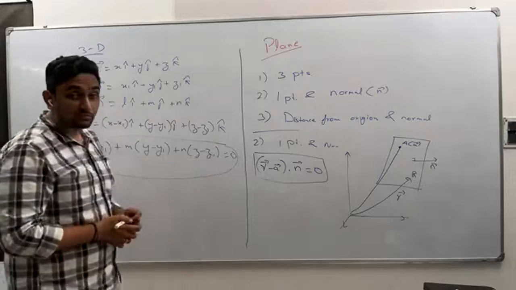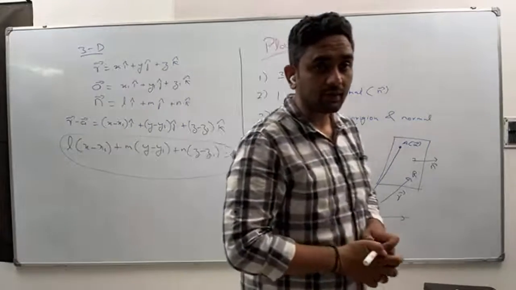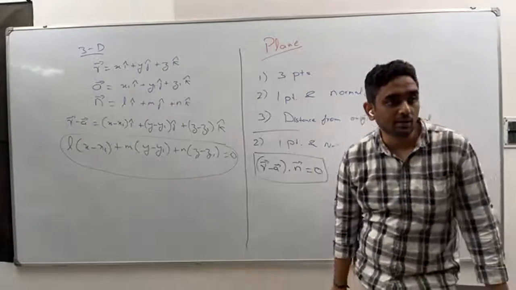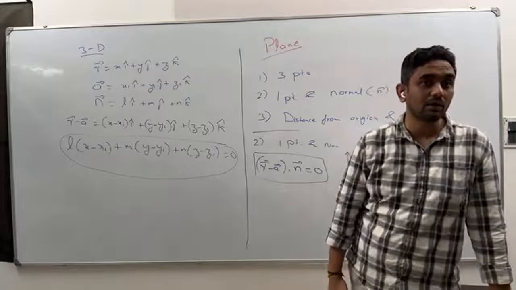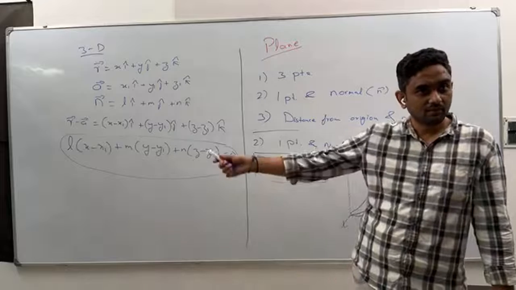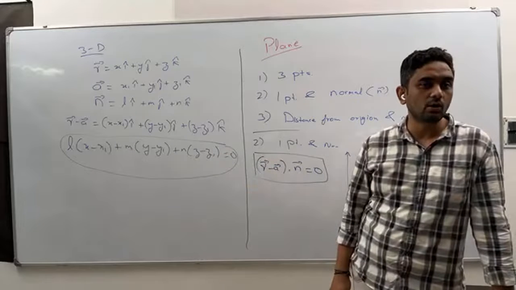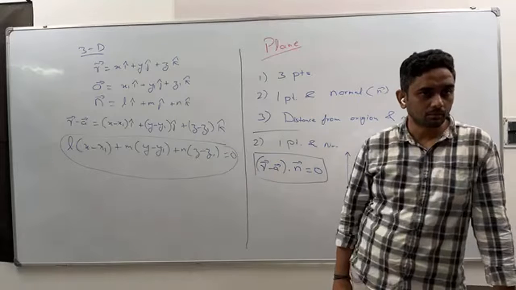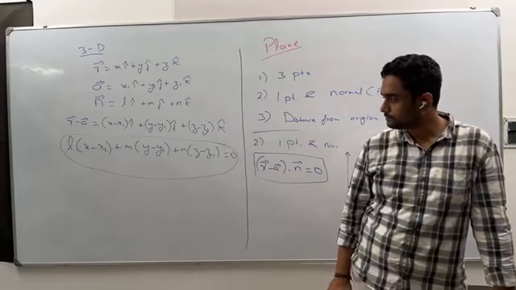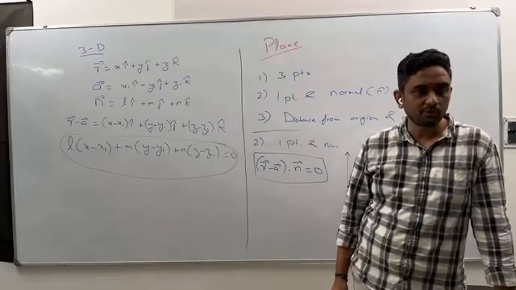So you can clearly see what we were talking about in the beginning, that a linear combination in x, y, z will be a plane, not a line. Right? It's a linear combination. Linear combination means x, y, z with power 1. So this is the equation of plane.